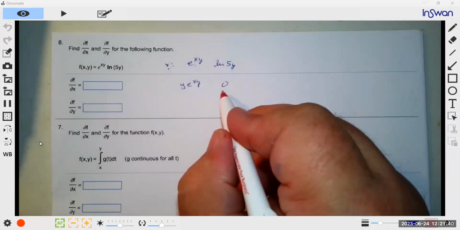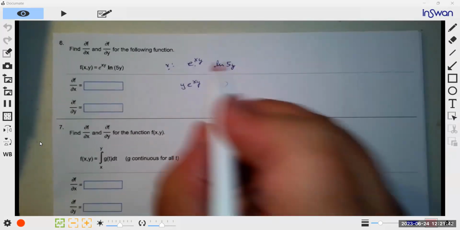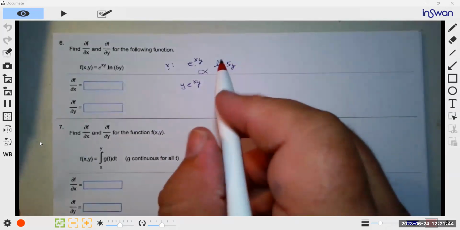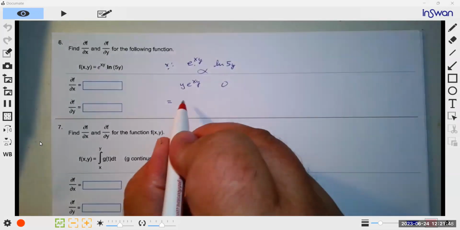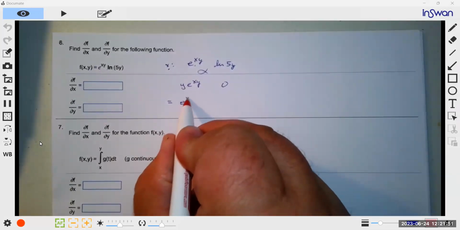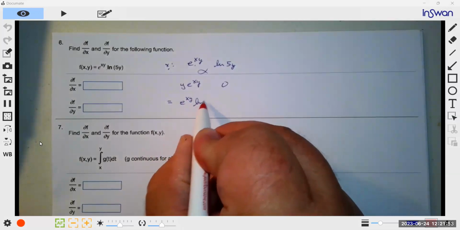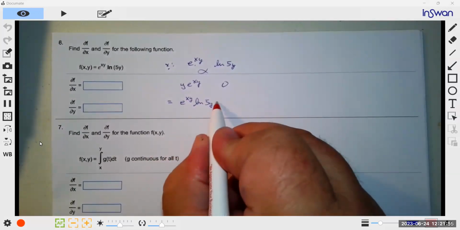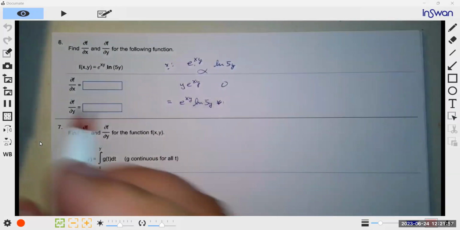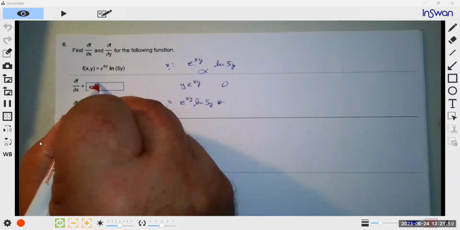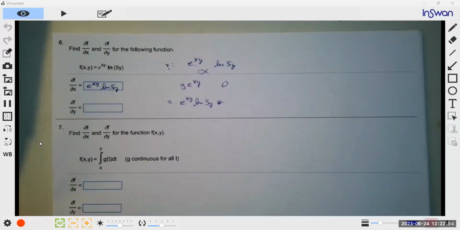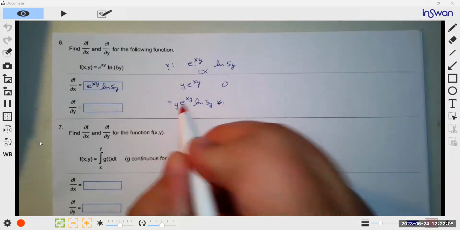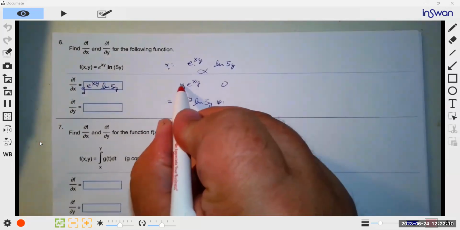And that's a constant, so it's 0. Which is e to the xy times ln 5y plus 0. So it's just y e to the xy ln 5y. No, it's a y in front. I'm sorry. There's a y in front.